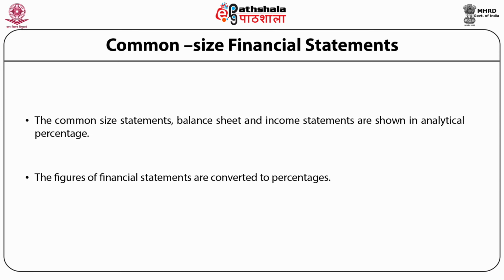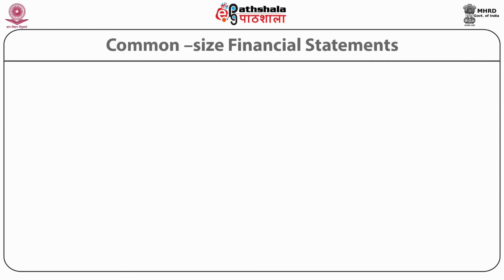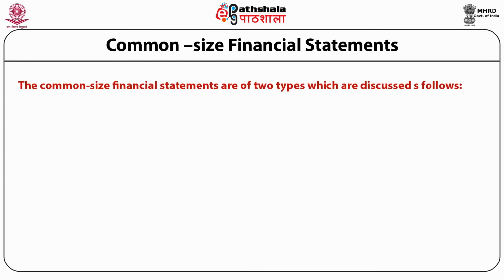B. The balance sheet items are expressed as the ratio of each asset to total assets and the ratio of each liability to total liabilities. Thus, it shows the relation of each component to the whole, hence the name common size. The common size financial statements are of two types, which are discussed as follows. First, common size balance sheet. Second, common size income statement.